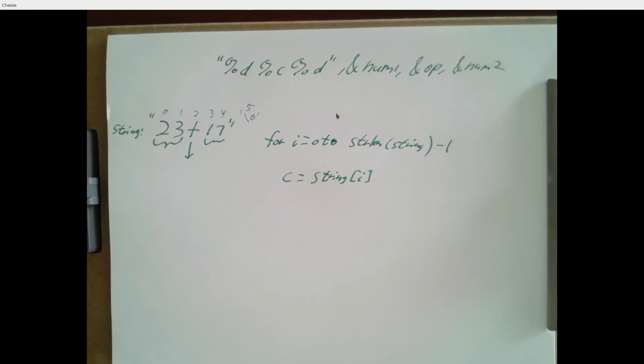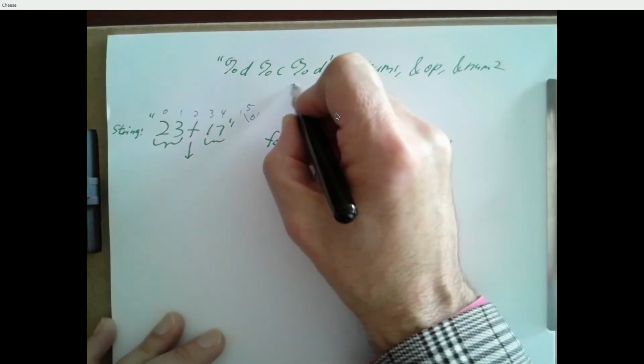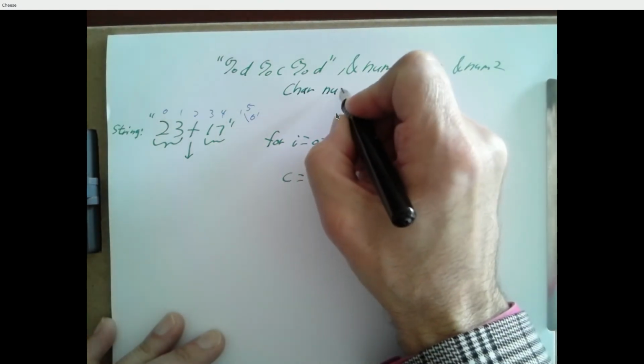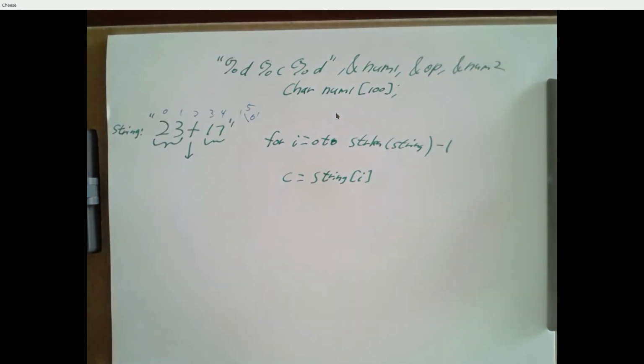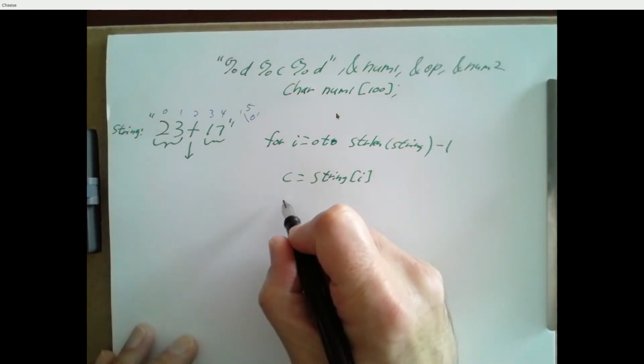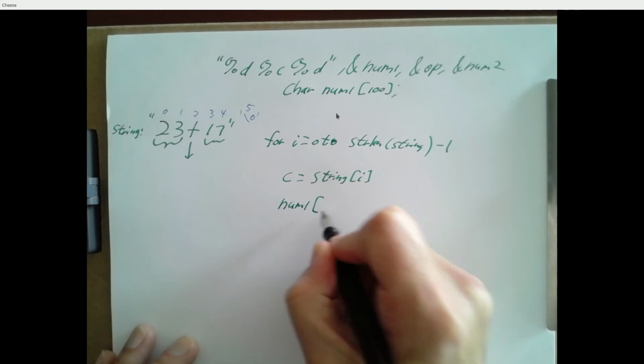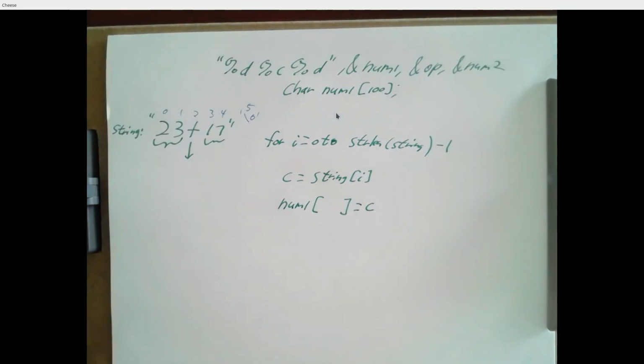We talked about saving it into a string array. You can save a c into a string array that represents that first number. Okay, so let's make a big wide string, 100 characters, called num1. And so we want to save c into that array.